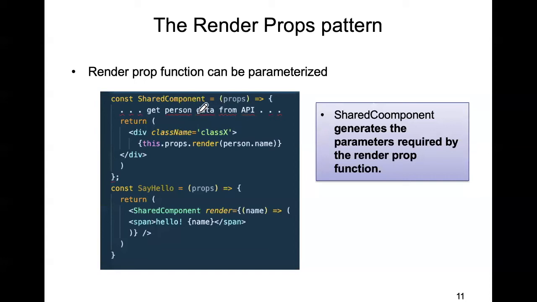So person.name is computed somewhere up here. That's quite tricky now, the idea that the render prop function is parameterized. But just remember that the parameter value is computed somehow by the shared component.